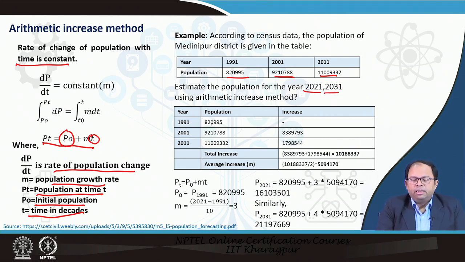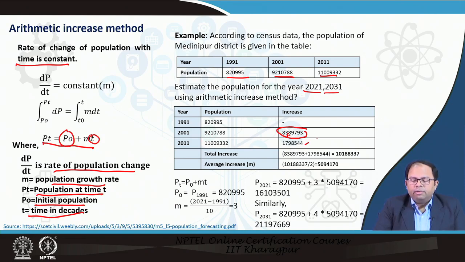We are first estimating the increase in the population from 1991 to 2001, the first decade, and we see there is a huge rise over here from 8,20,000, it becomes 8,38 lakhs, or 83 lakhs, sorry.